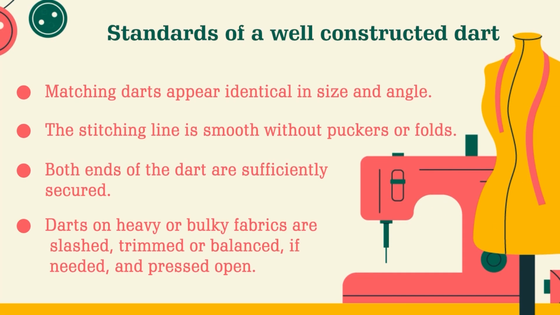Then matching darts should appear identical in size and angle. The stitching line should be smooth without puckers or folds. Both ends of the darts should be sufficiently secured, and darts on heavy or bulky fabrics should be slashed, trimmed or balanced if needed, and then pressed open.